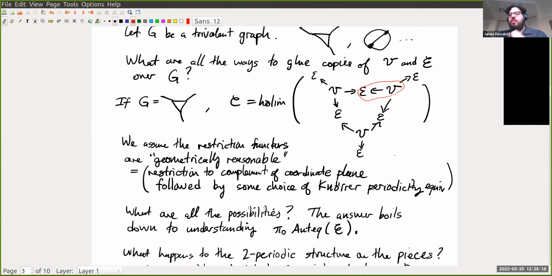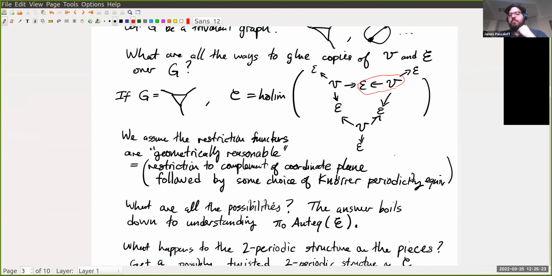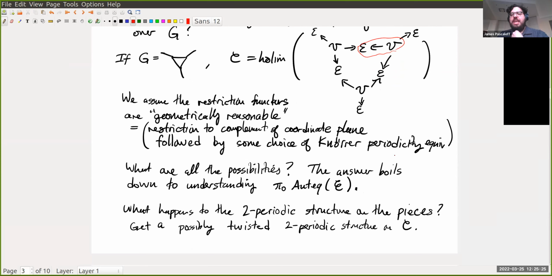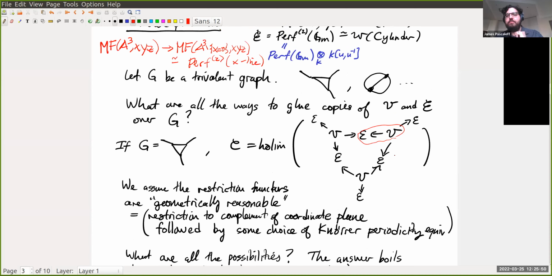Okay, so the answer, by sort of the general shape of this diagram, is that what you really need to understand are the autoequivalences of E. So the point is, the way this problem sets up is that if you had one diagram, you can look at an edge in the graph and you can change the diagram by an autoequivalence. You can twist the diagram by an autoequivalence of this edge category, E. Okay.